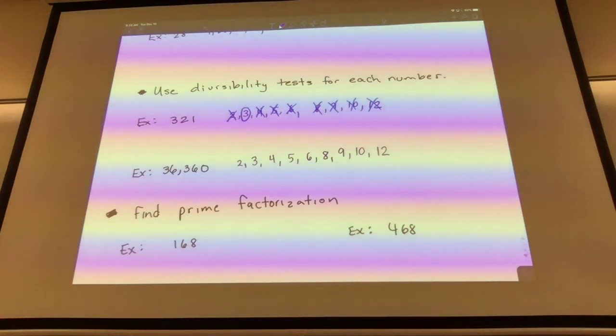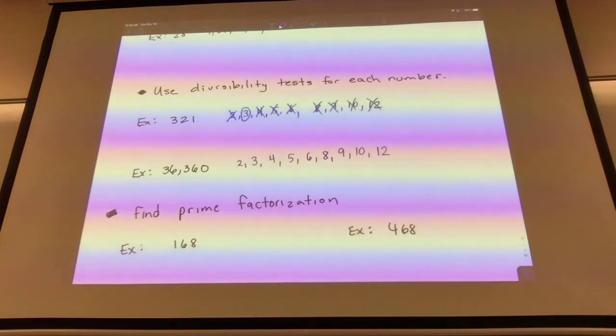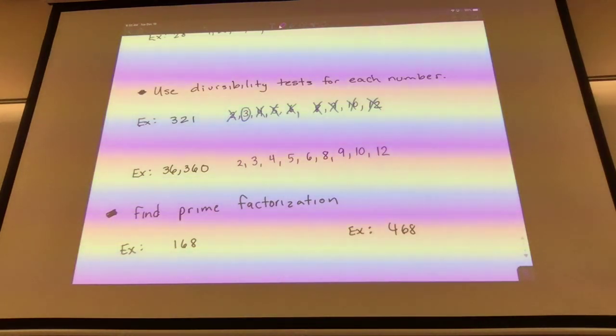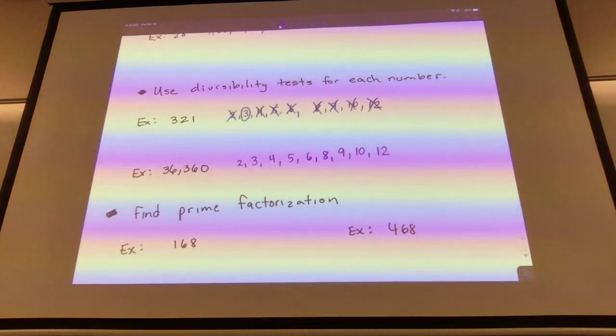And we just said if we ended up asking about 7, we just divide it out and see if it had a remainder of 0 or not. All right, so now we have a much larger number, 36,360. We want to go through all the divisibility rules. So first of all, is it divisible by 2? Yes, it's an even number.